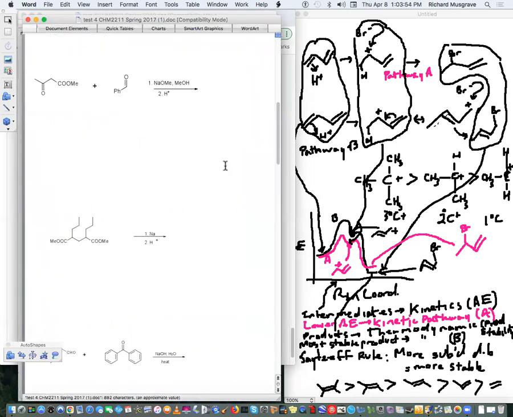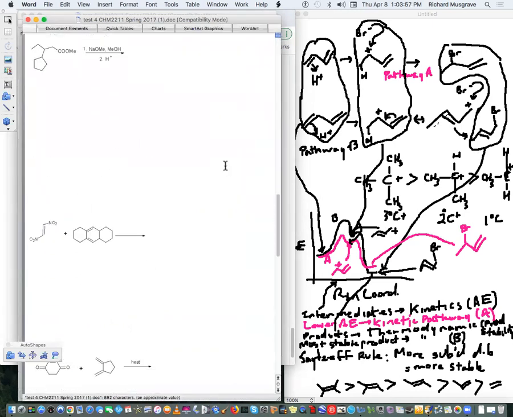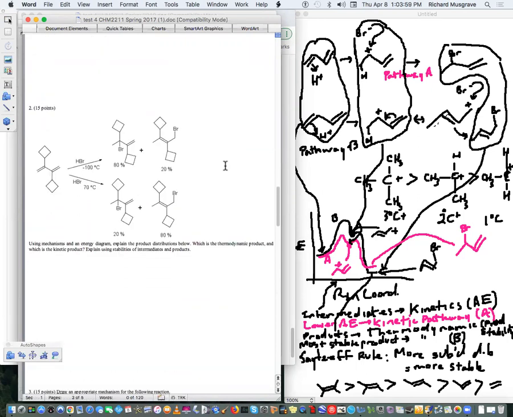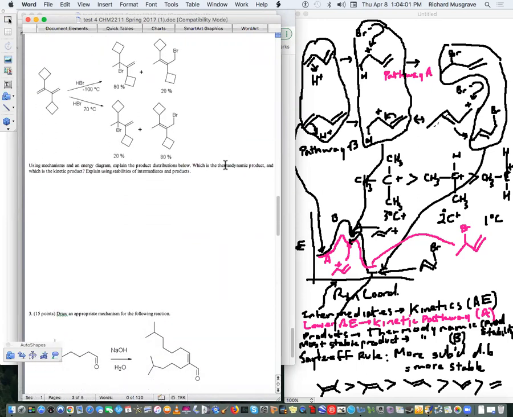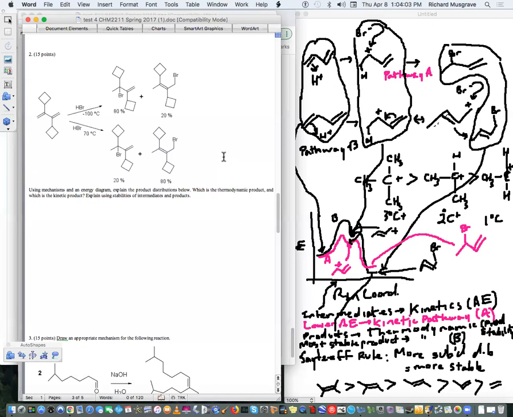All right, let's have a look. There we go. Here's a question here. And you can see how it relates to what I've got on the screen. It's just got these squares attached at different places. They're not fill in the blank boxes or anything. They're supposed to be cyclobutane rings.